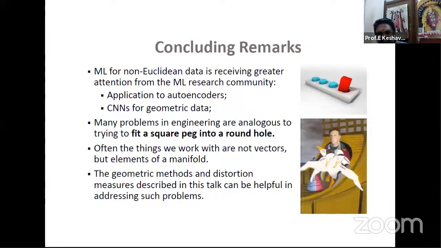Many problems in engineering are analogous to trying to fit a square peg into a round hole. Often the things we work with are not vectors, but elements of a manifold. This is the important point, this third one: not a vector, but an element of a manifold. This will also work for magnificent output in applications. The geometric methods and distortion measures described in this talk can be helpful in addressing such problems.